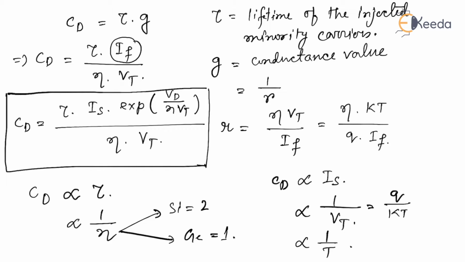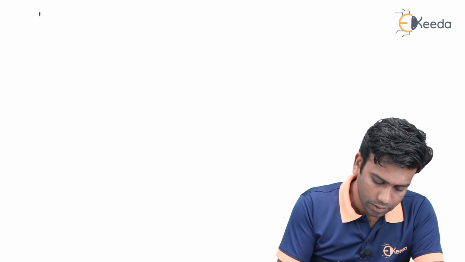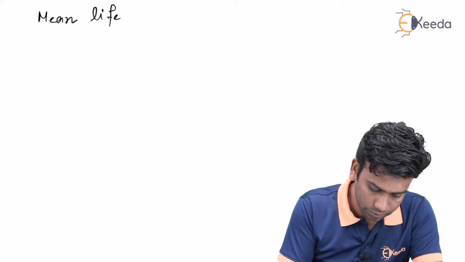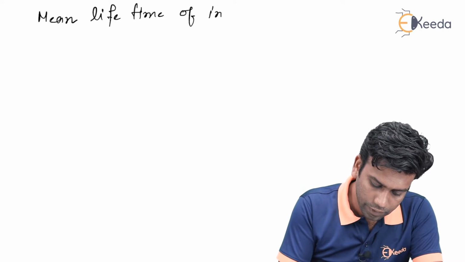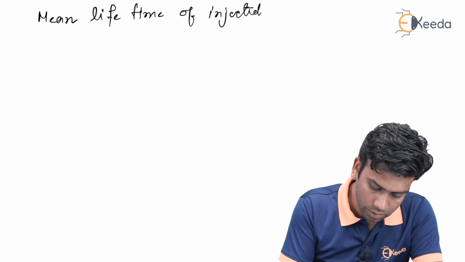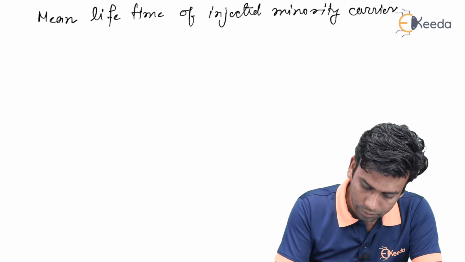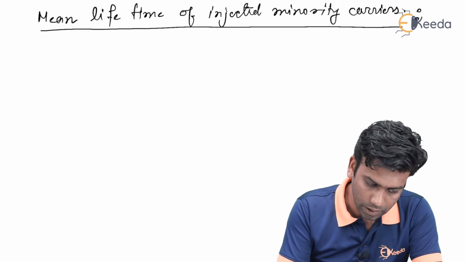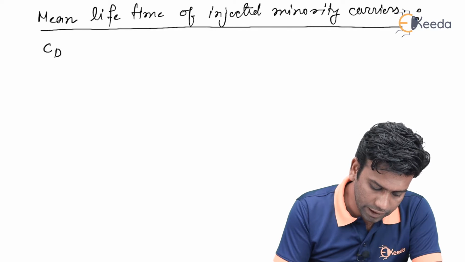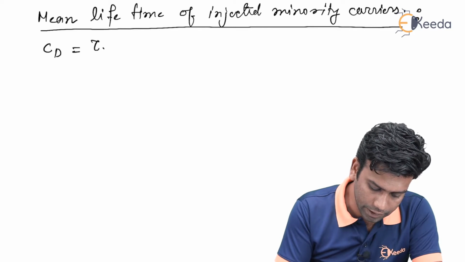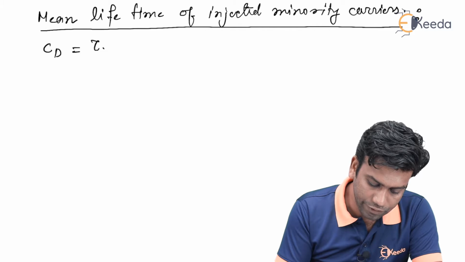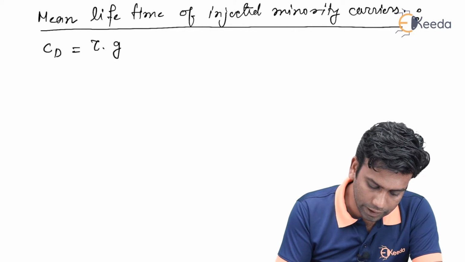From this case, let us define what will be the mean lifetime of the injected minority carrier. As we know that CD, that is the diffusion capacitance, is equal to the lifetime of the injected minority carriers tau into the conductance value.